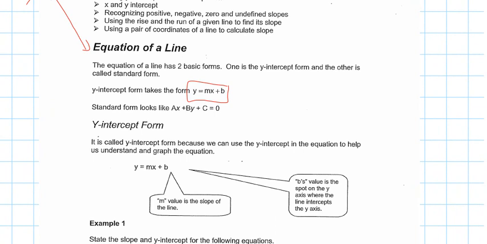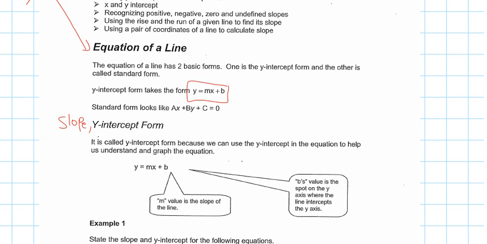Okay? Remember that we call this slope y-intercept form. When you're looking at the equation, you're going to have y equals a number x plus a number or minus a number. This letter m and this letter b, they mean something.